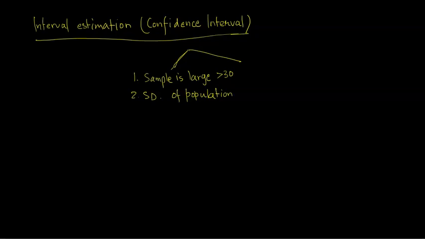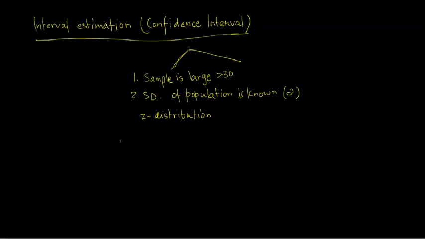But for now, let us assume that something like this can happen, and in other videos I'll be discussing the concept of central limit theorem or large samples. So the standard deviation of the population is known, given by sigma. So these are two conditions. If these two conditions are met, I'll be using a z distribution to construct an interval estimation, or to develop a confidence interval.